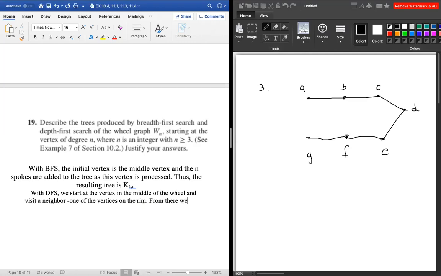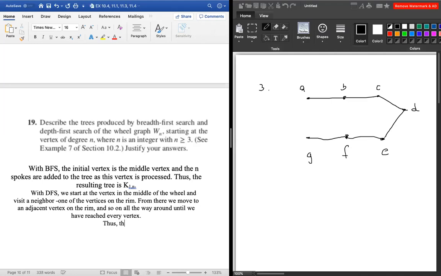From there, we move to an adjacent vertex on the rim, and so on all the way around until we have reached every vertex.